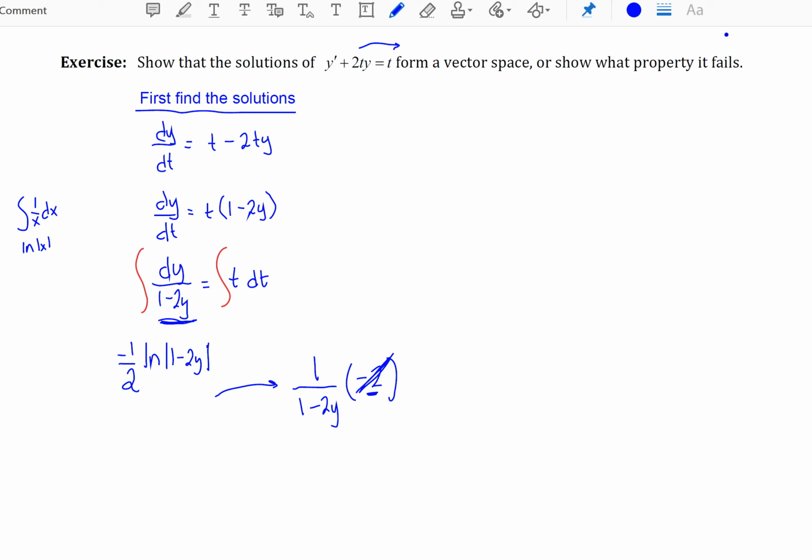So I like this guess and check method for antiderivatives. I would have never shown this to a Calc 1 student, but I feel like we are ready for some of these shortcuts that we can make. Okay, the right-hand side, the antiderivative of t would be 1/2 t squared plus some constant of integration.